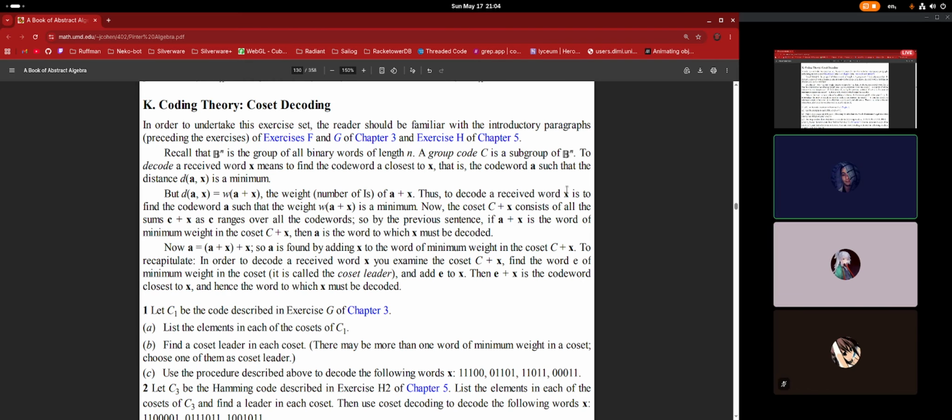Thus, the decoder receives a word X and finds a code word A such that the weight is minimum. Now, the coset C plus X consists of all the sums as C ranges over the code words. So by the previous sentence, if A plus X is the word of minimum weight in the coset, then A is the word to which X must be decoded.